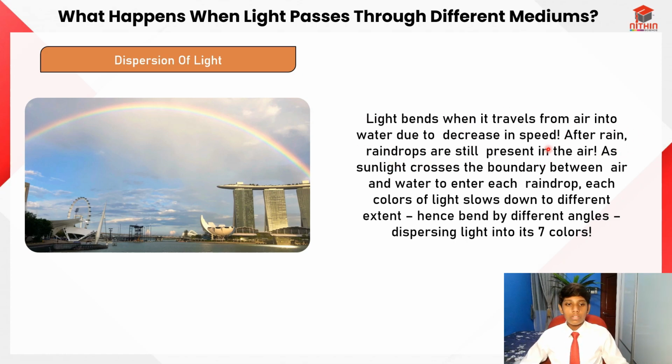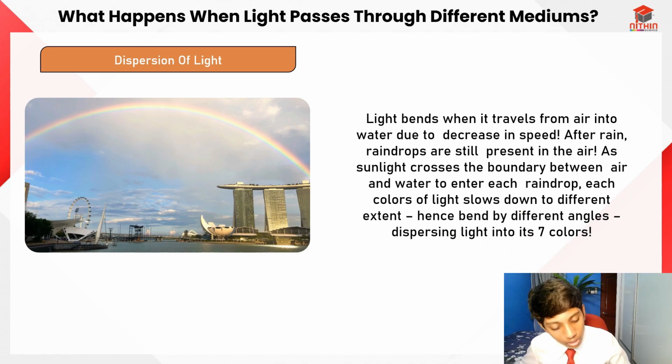Raindrops are still present in the air, and as the sunlight crosses the boundary between air and water to enter each raindrop, each color of the light slows down to a different extent, hence bends by a different angle, dispersing light into 7 colors.